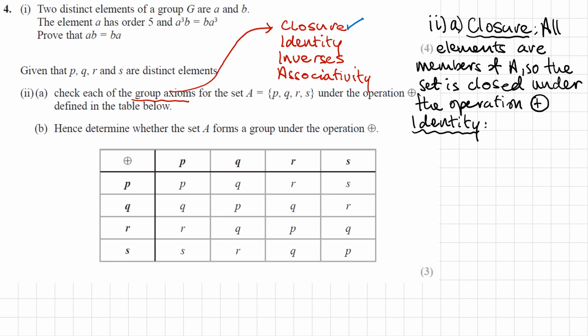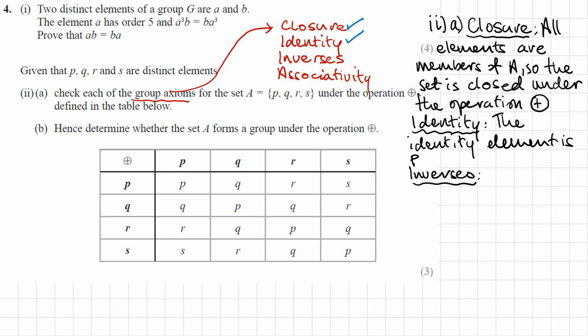Now we just need to state or find what the identity element is, and we're looking for the row and column where the headings remain unchanged, and that is going to be the element P. You see it doesn't change the headings, so we can just state that the identity element is P. So we'll tick that off, and the next we're looking for are inverses.